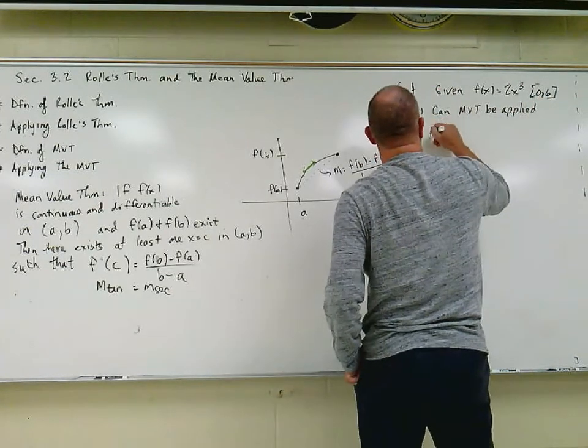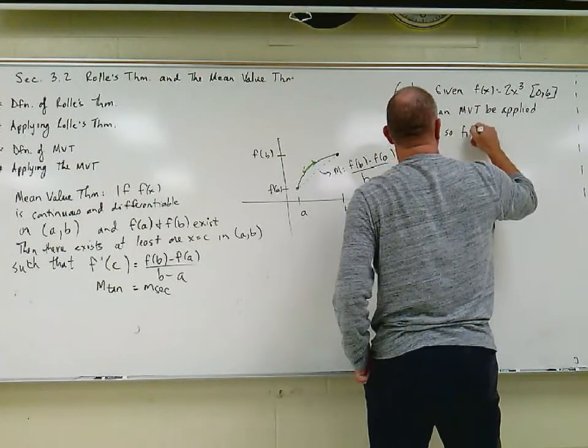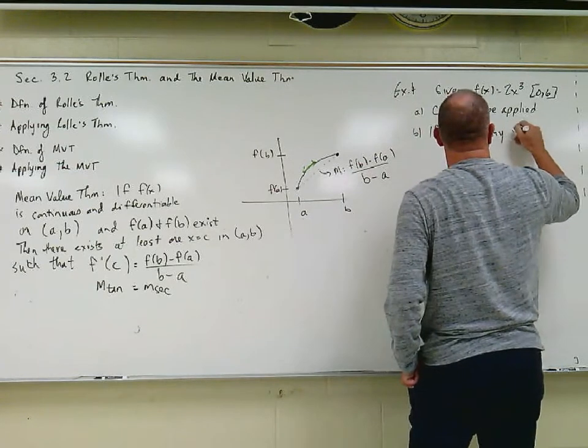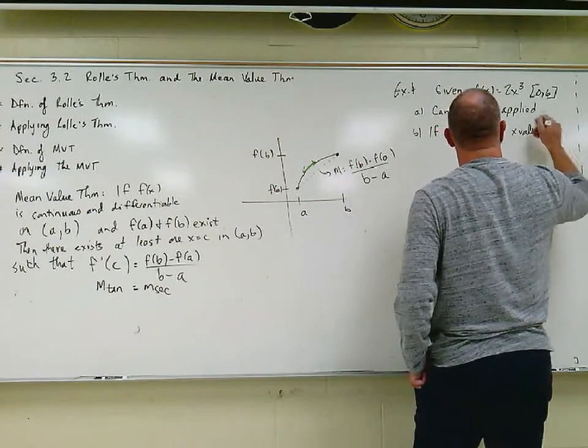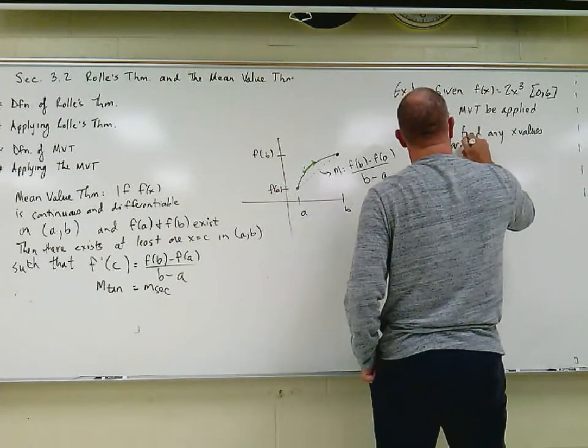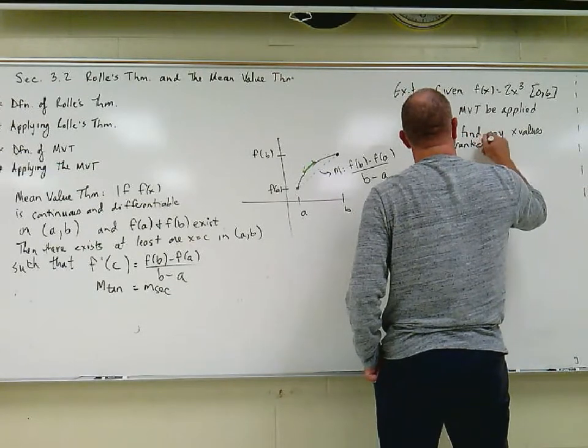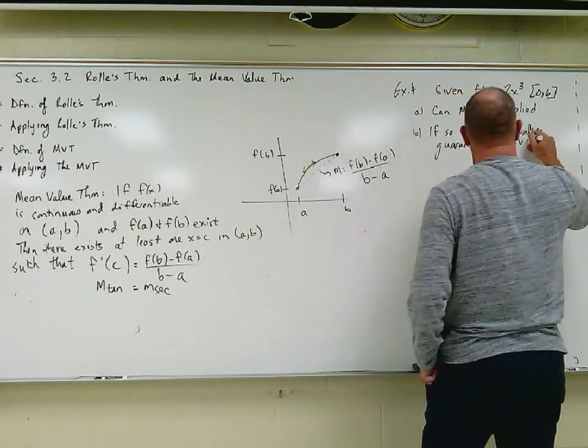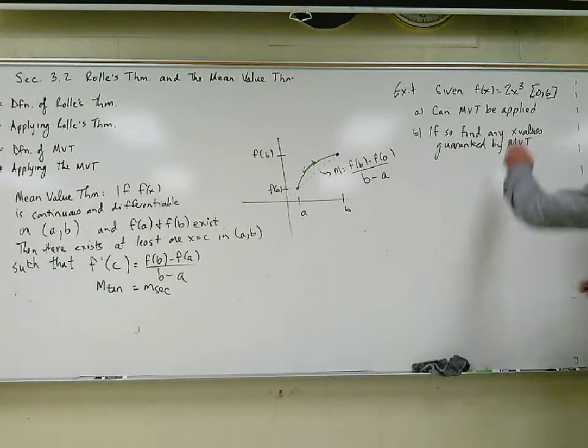Part B, if so, find any x values guaranteed by the mean value theorem. So let's look at my function. Is 2x cubed continuous? Is it differentiable?